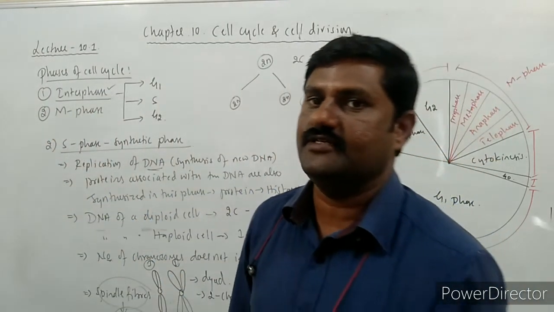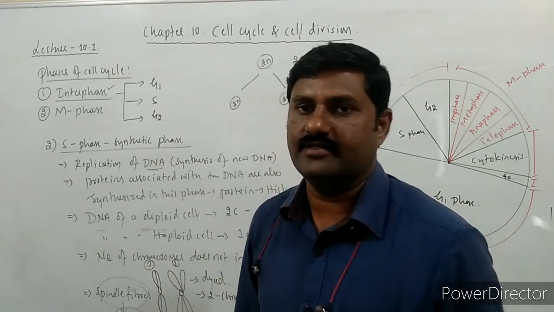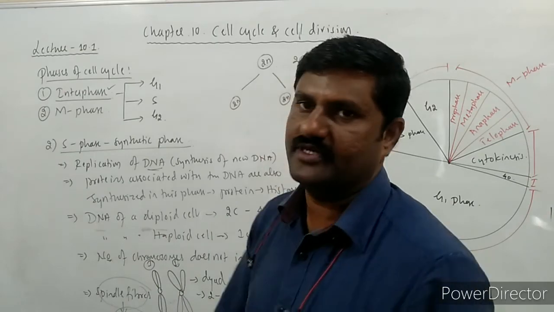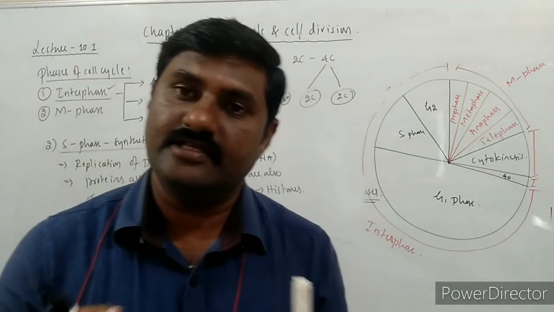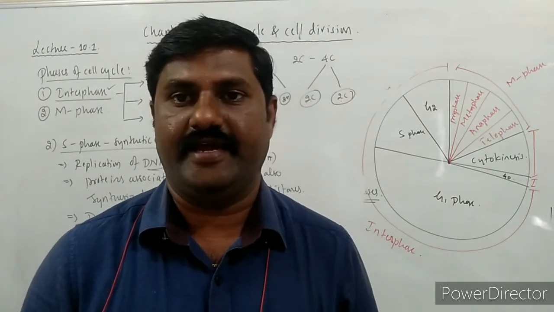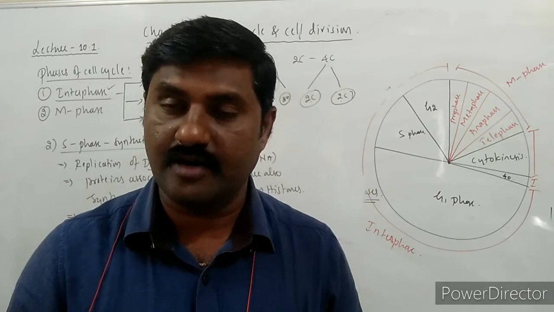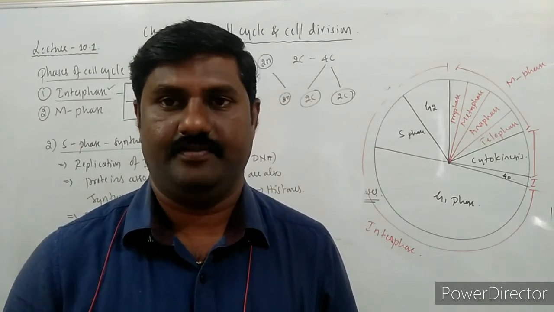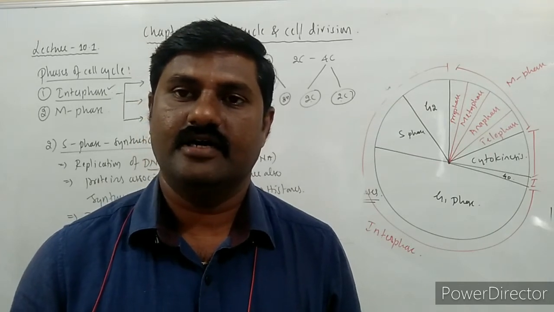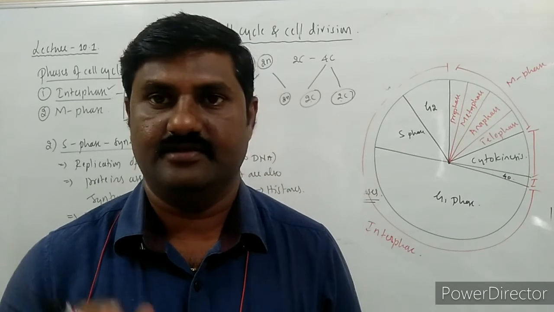That would help in the synthesis of the spindle fibers, of course. So here the chromosomal number is not at all duplicated; it does not increase to double. The number of chromosomes will be the same, but the centrioles duplicate here in S phase.